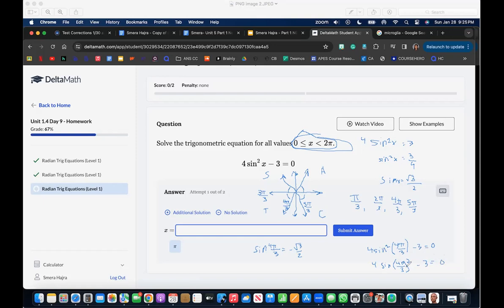Let's take sine of 4 pi over 3. Well, that's over here. That is a negative zone of sine, with a reference angle of pi over 3. So that's going to be a negative result, negative root 3 over 2.